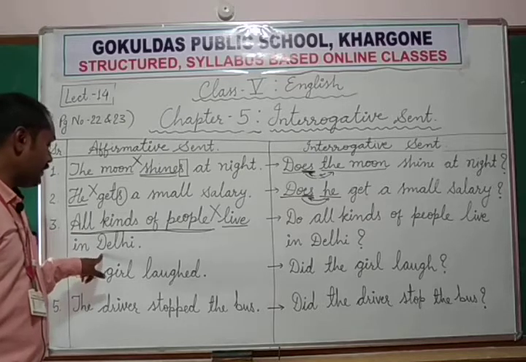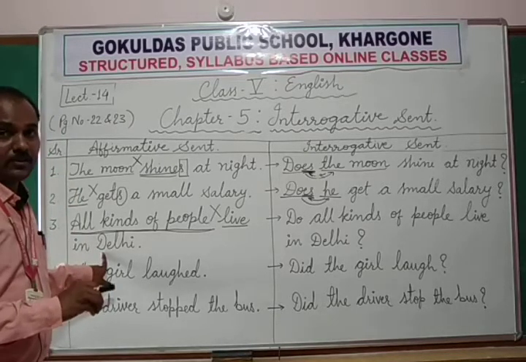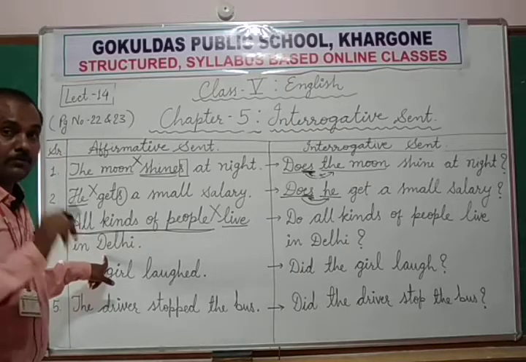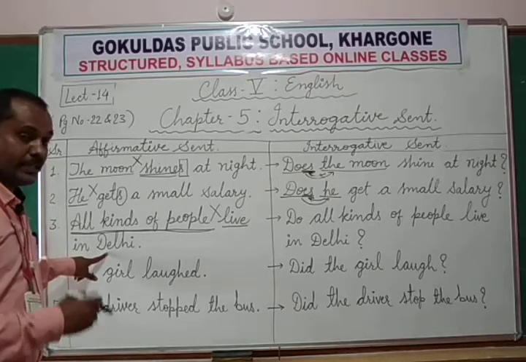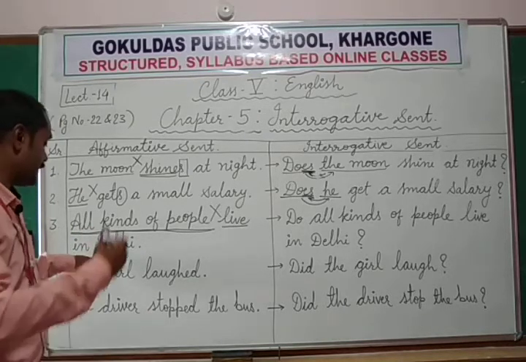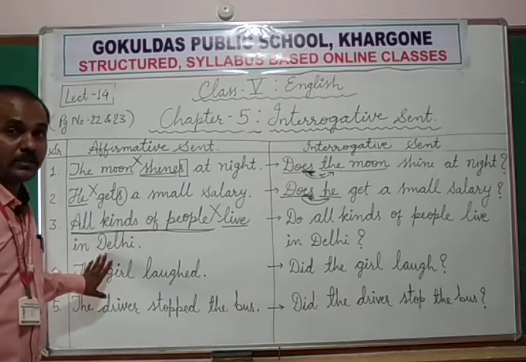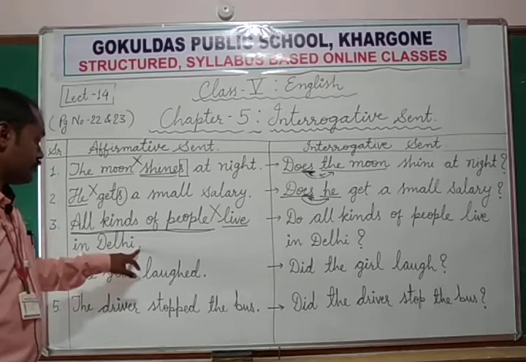And D is capital because it is the proper name of a place. Delhi is the proper name of a city. Proper names of a city, country or state always begin with a capital, whether they are in the middle, at the end or at the beginning of the sentence. So D always remains capital in Delhi. Full stop.